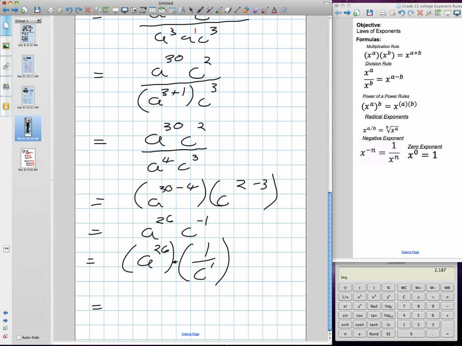Because technically A is, as a fraction, what's it above? 1, that's right. If we were to multiply fractions, we multiply the top numbers by each other and the bottom numbers by each other. What is A to the power of 26 times 1? A to the power of 26 divided by, what's C to the power of 1 times 1? C, or just C to the power of 1, either way. So our final answer, A to the power of 26 divided by C to the power of 1.